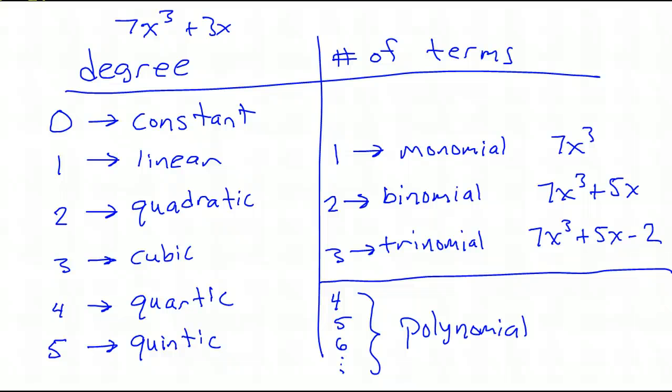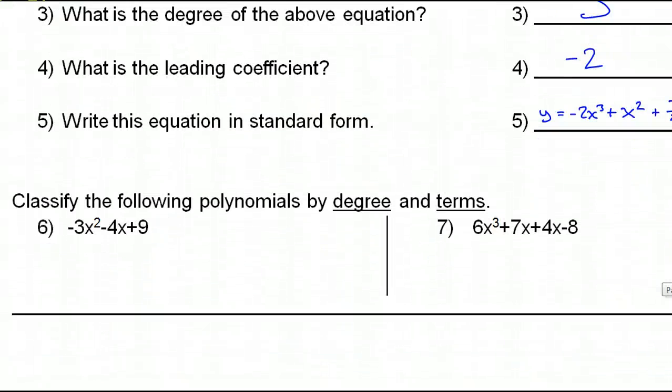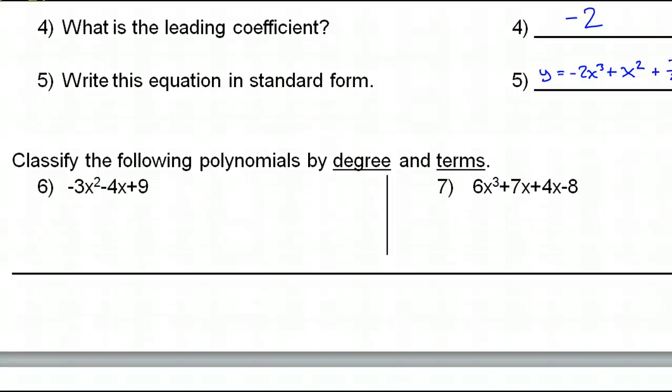So, by the way, we put those together. So take this one right here, for example. By degree, this is cubic because it has degree 3. By number of terms, it is a binomial because it has 2 terms. So we would call this a cubic binomial. So that's kind of how it works. So with that in mind, let's get back to the problems on this particular assignment.